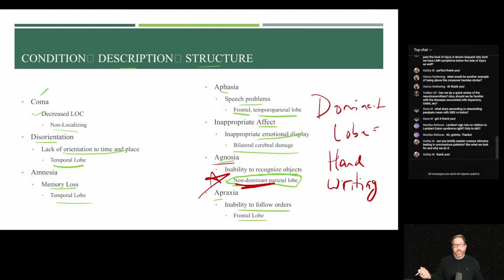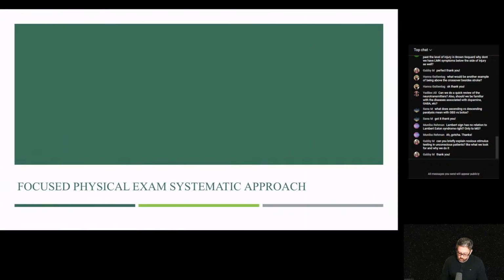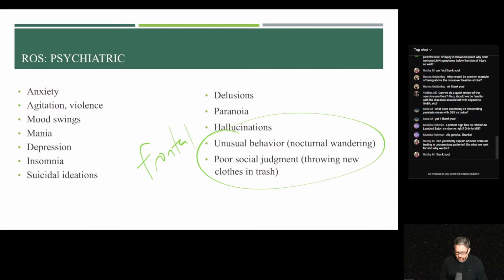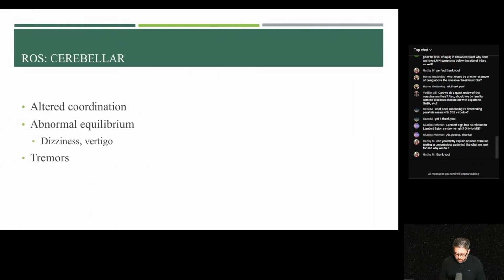Like we put it in the right hand, I don't feel anything. My left hand, I do. Work backwards, figure out what hand they write with. Okay, this is their dominant hemisphere, but they're having issues on the non-dominant. So that tells you with agnosia, the problem is going to be in their non-dominant hemisphere. And make sure you remember those.